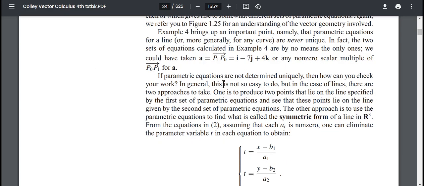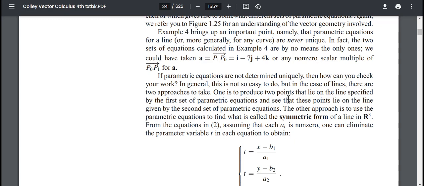So one, she says, is to produce 2 points that lie on this line specified by the first set of parametric equations, because we said we want to check, like, are both sets of parametric equations true?